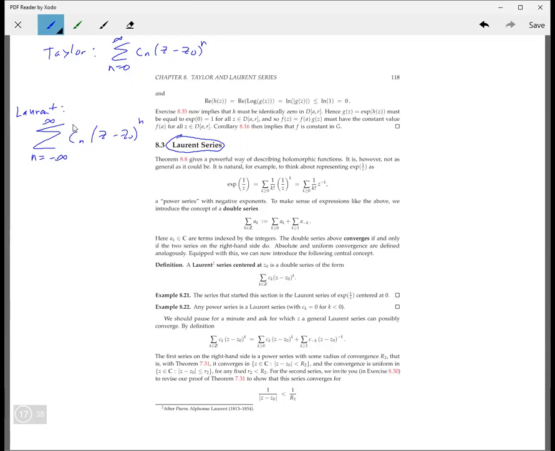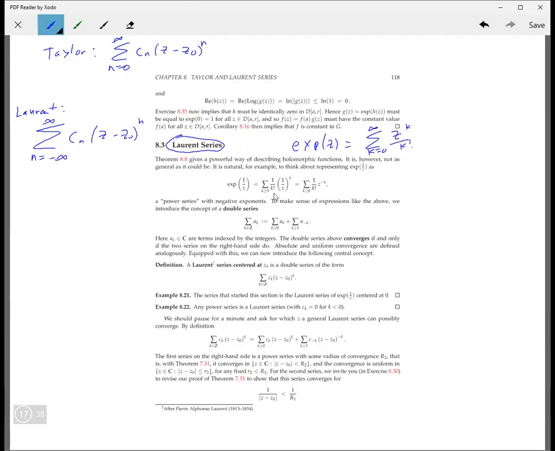Okay, and now a lot of times it's not written that way. Here's an example of the exponential function of 1 over z. You know that the exponential function of z is the sum from k equals 0 to infinity of z to the k over k factorial. But if you replace this z with a 1 over z, then you're going to get this.